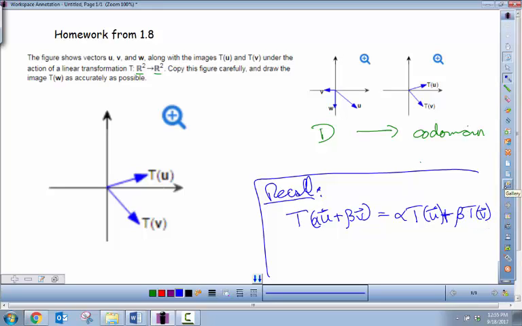The fact that it's a linear transformation tells us that we have this relationship.